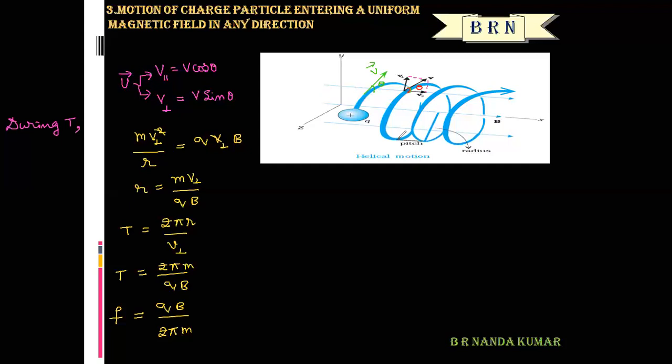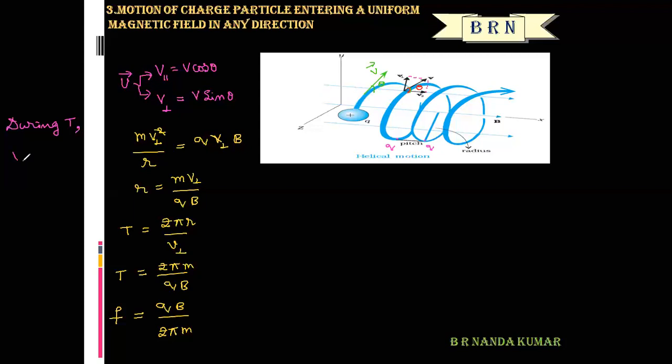After one complete rotation, this is the location of the charged particle, right? So the horizontal distance covered by the charged particle during the time capital T, that is called the pitch of helix.